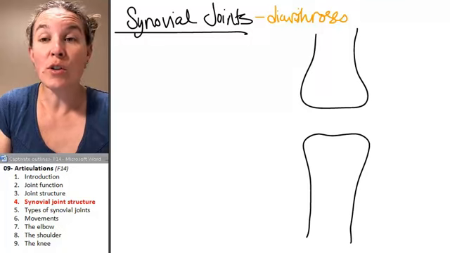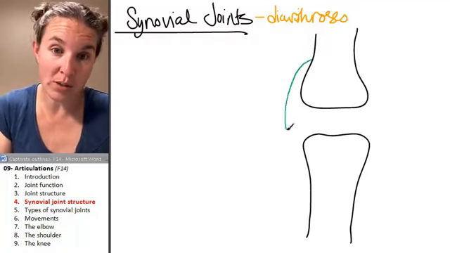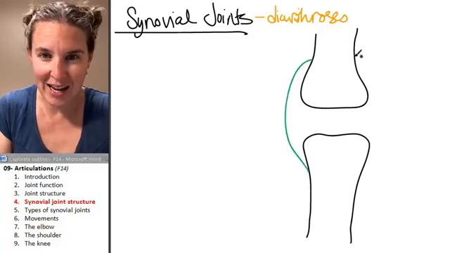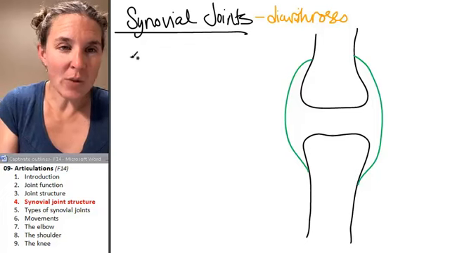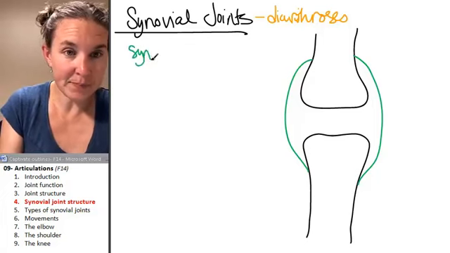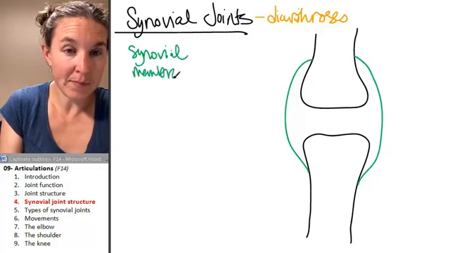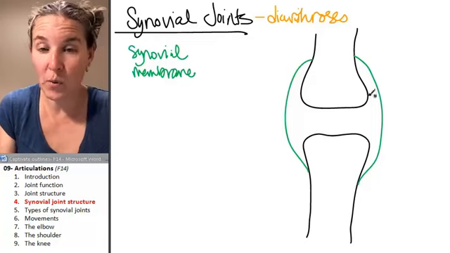So the synovial joint, basically connecting two bones, is like a little egg sac. And you have the synovial membrane, and the synovial membrane is producing what?